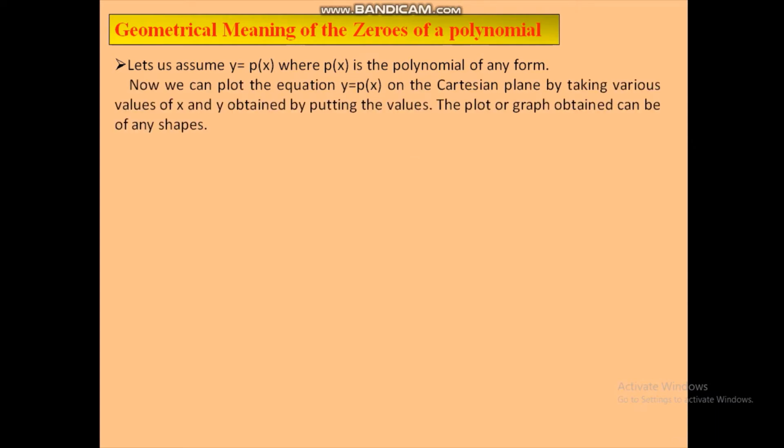Now we can plot the equation y = p(x) on the Cartesian plane by taking various values of x and the y values obtained by putting them in. In order to plot the graph for y = p(x), we need some values for x and y, and the graph obtained can be of any shape.